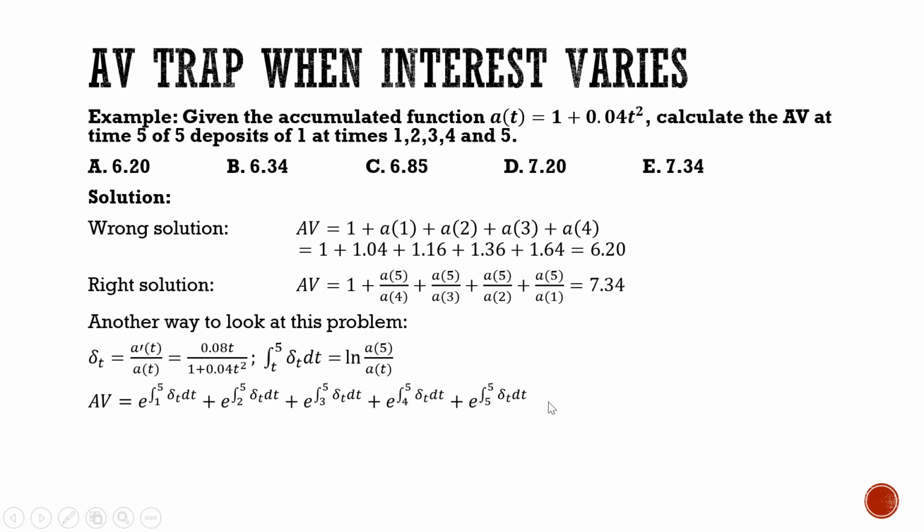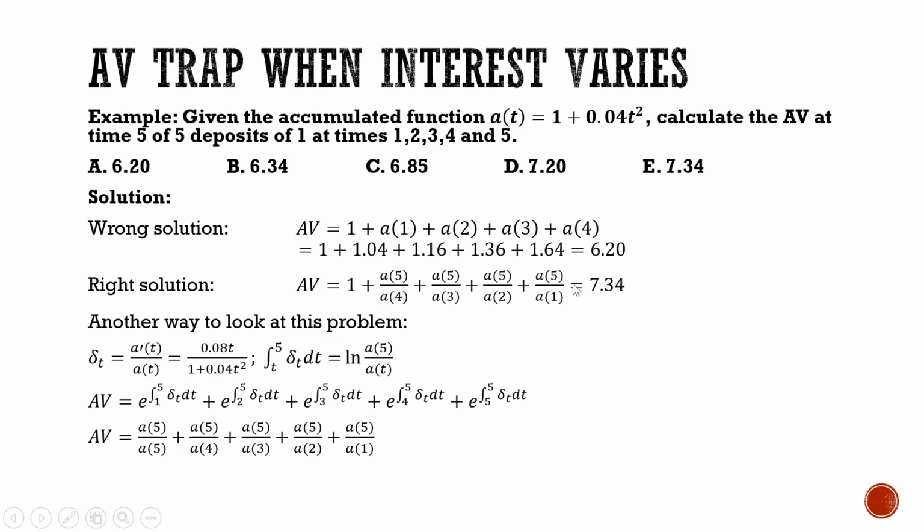So using this, the accumulated value is a5 over a5 plus a5 over a4 plus a5 over a3 plus a5 over a2 plus a5 over a1, and this is exactly the right solution.